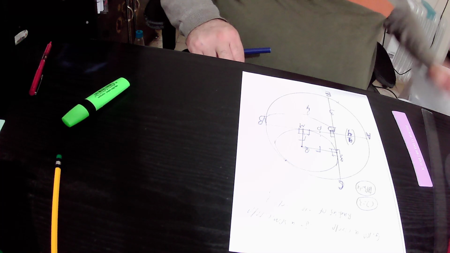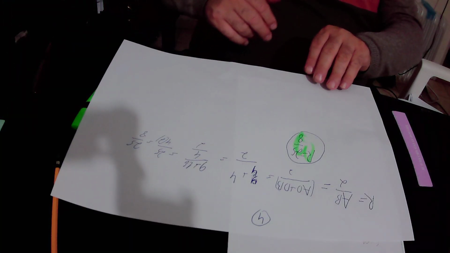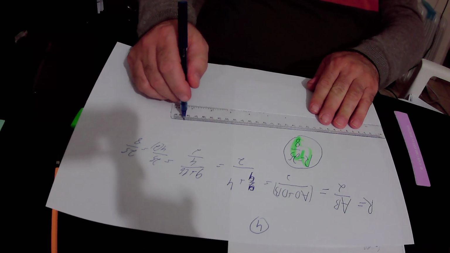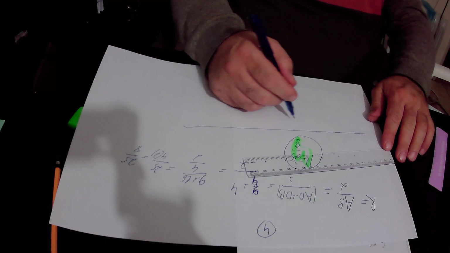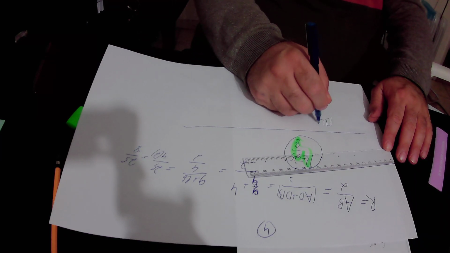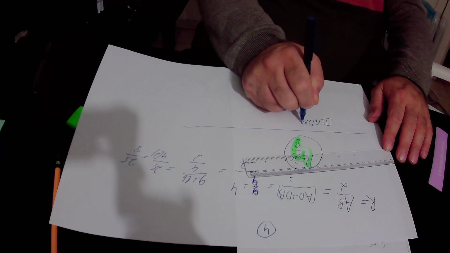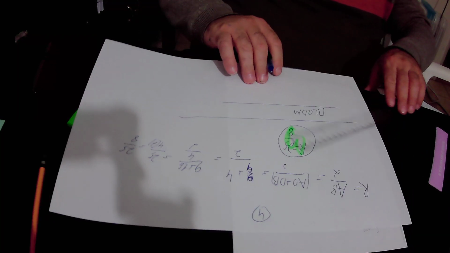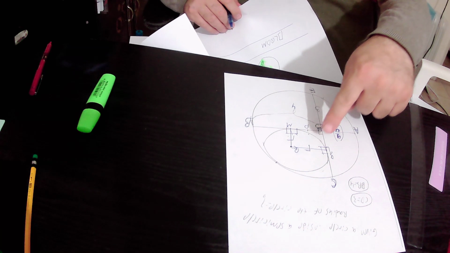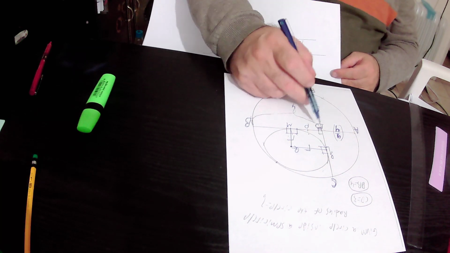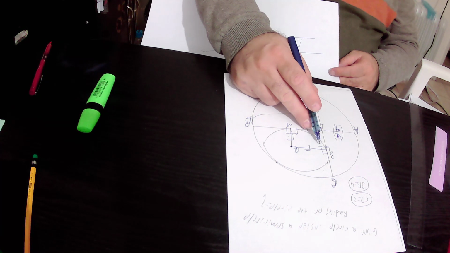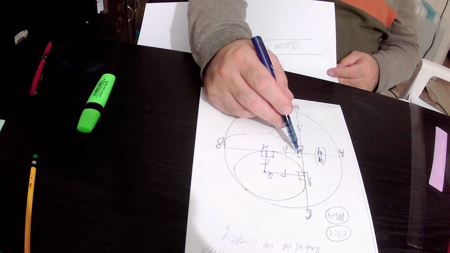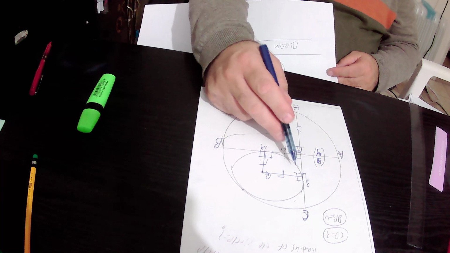In quadrilateral LQDM, we have 1, 2, 3 right angles.